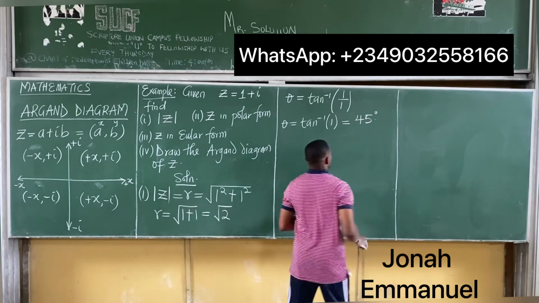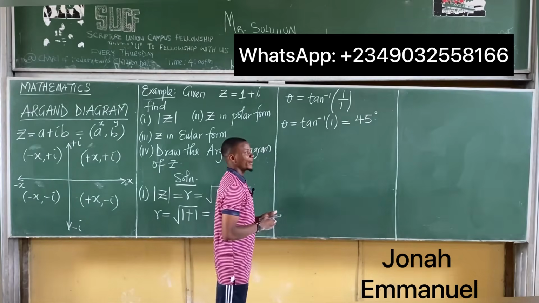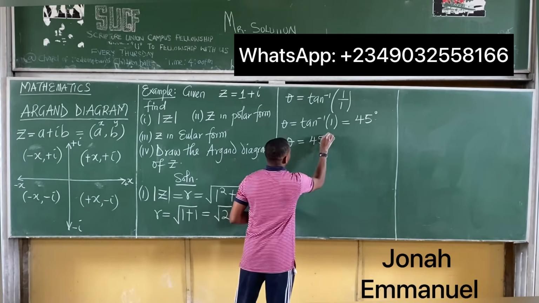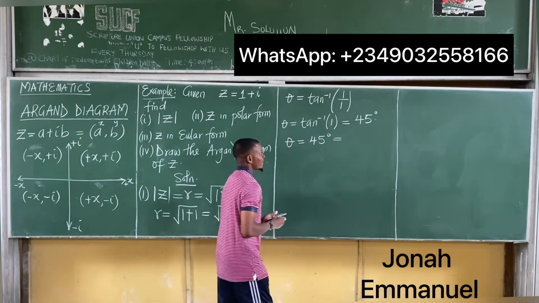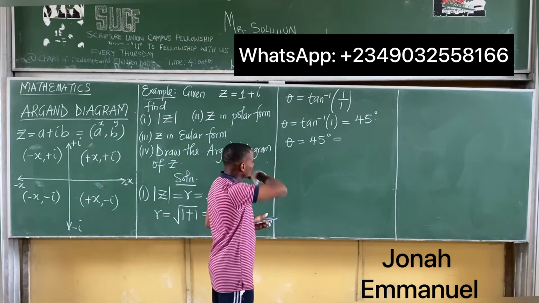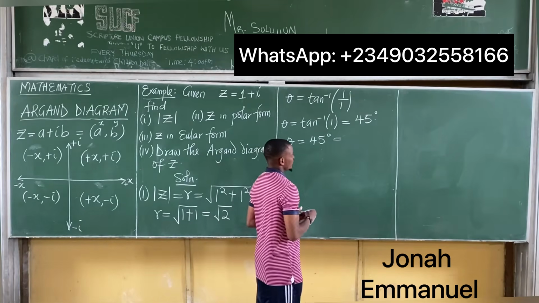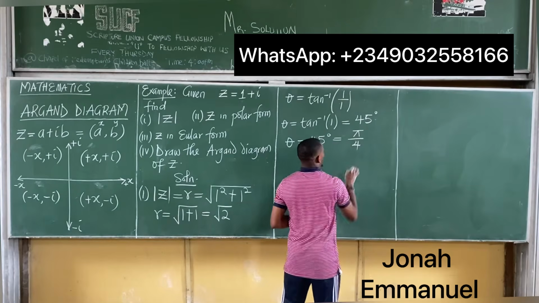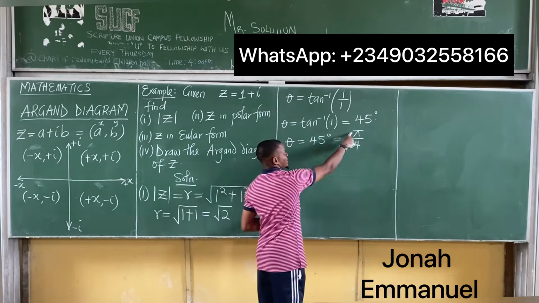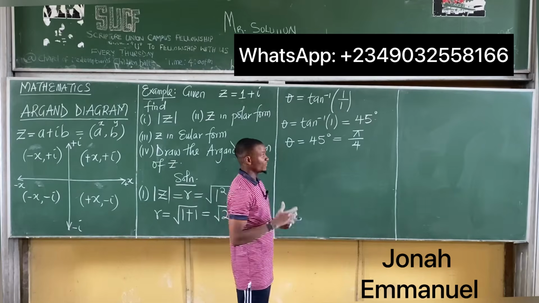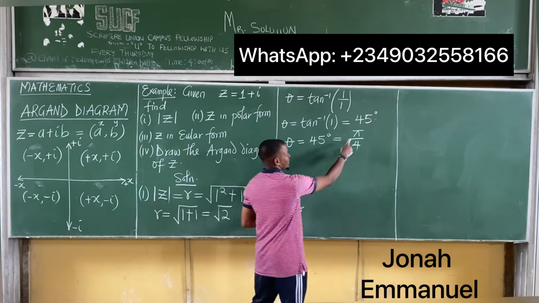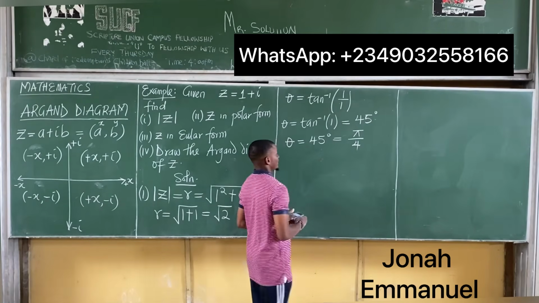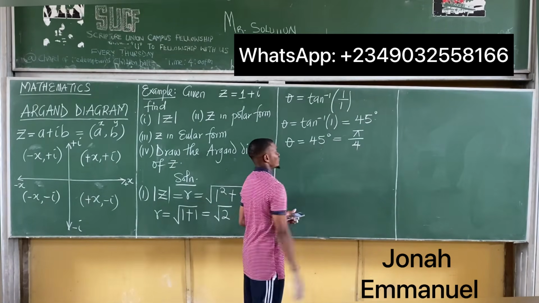Remember that we can express theta in terms of degrees or in terms of pi. So theta is equal to 45 degrees, and pi is 180, so in terms of pi it becomes pi over 4. The idea is that 180 divided by 4 gives you 45. That's how we express this in terms of pi.